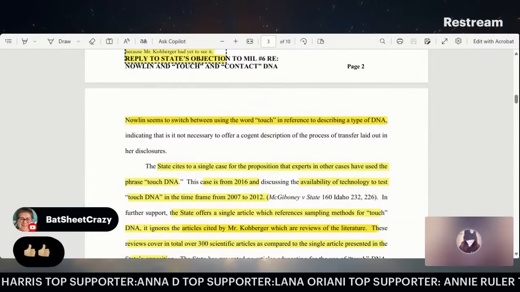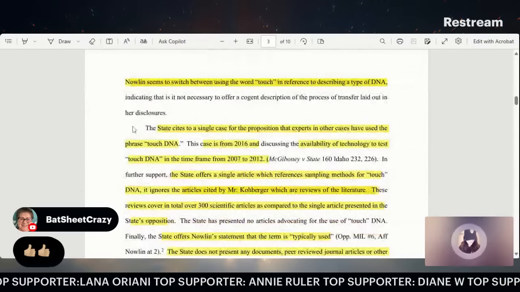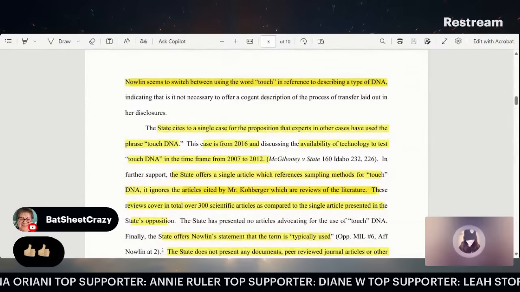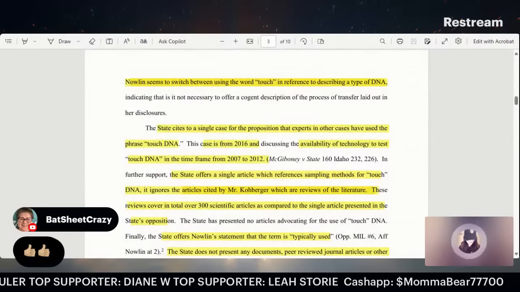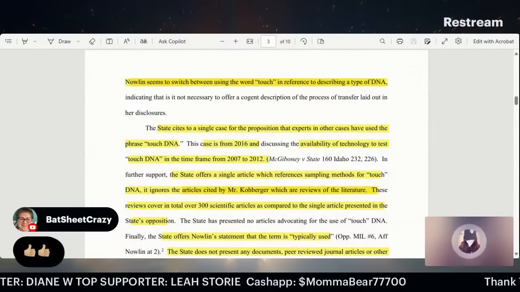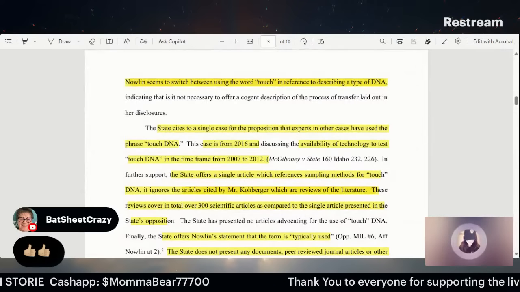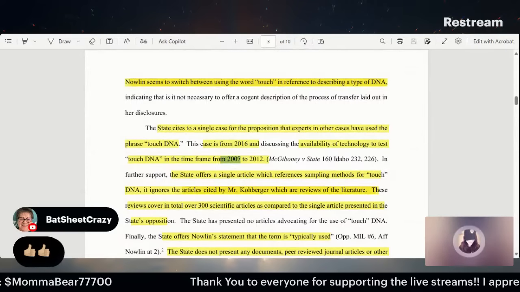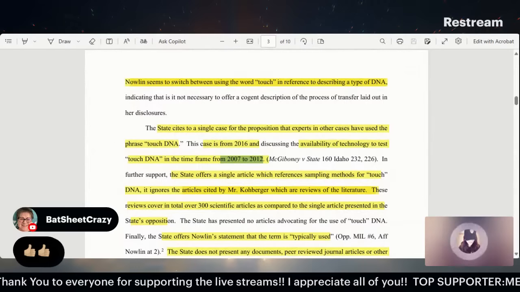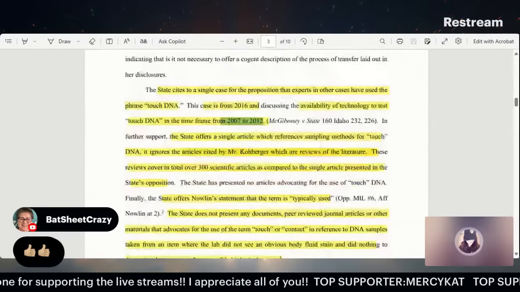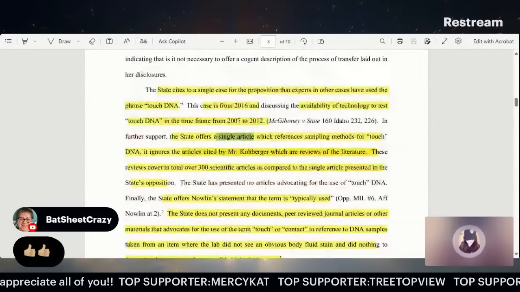The state cites to a single case for the proposition that experts in other cases have used the phrase touch DNA. This case is from 2016 and discusses the availability of technology to test touch DNA in the time frame from 2007 to 2012. In further support, the state offers a single article which references sampling methods for touch DNA.